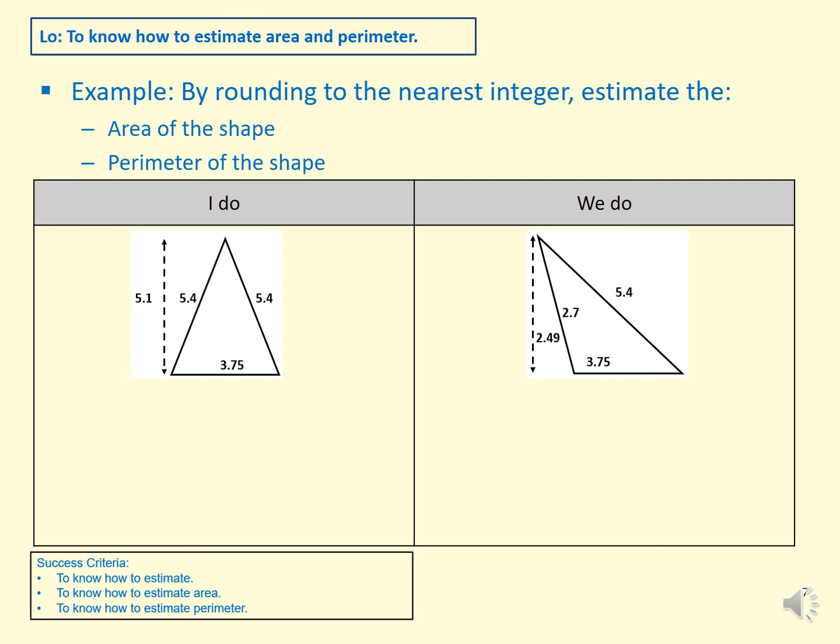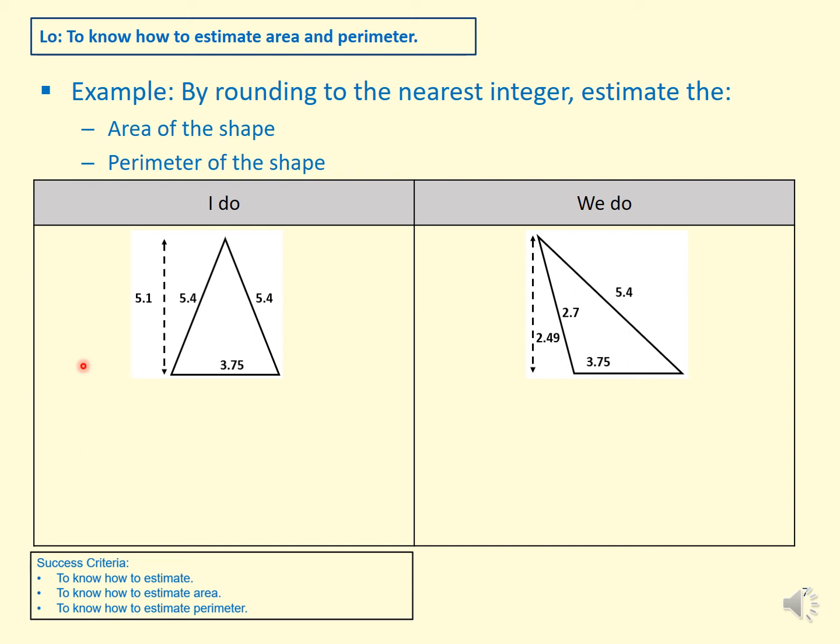Now here again the question is asking me to round to the nearest integer and estimate the area and perimeter. So I have the same question but a different shape. Here I have a triangle, but we have the same principle. If I'm rounding to the nearest integer, I have to round every single number that I'm using for area and perimeter to the nearest integer.